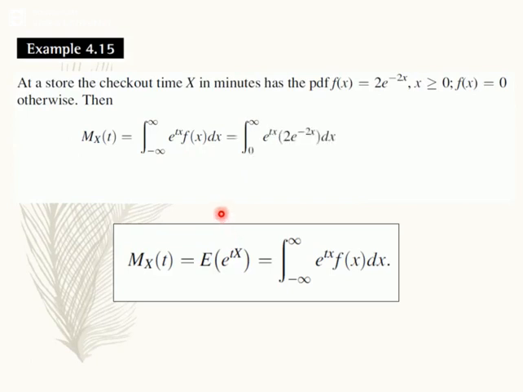And then in the next stage, we're going to substitute f(x). So everything else remains the same, except the limits. I'll get to that just now. In place of f(x), you put 2e to the minus 2x, just directly copied from there. But this function is equal to 0 for all the values less than 0, so we can just focus on 0 to infinity. In the next step, they combine the powers.